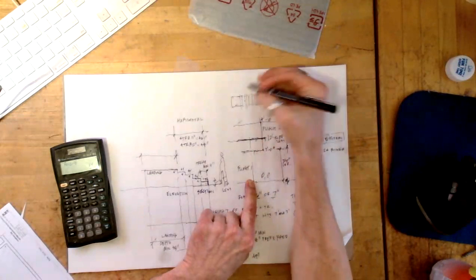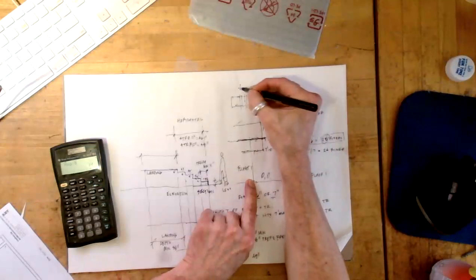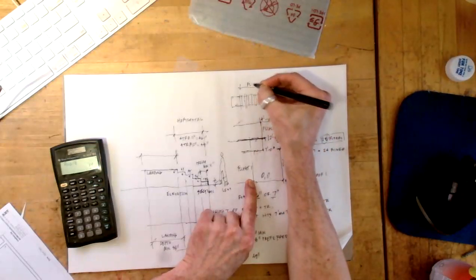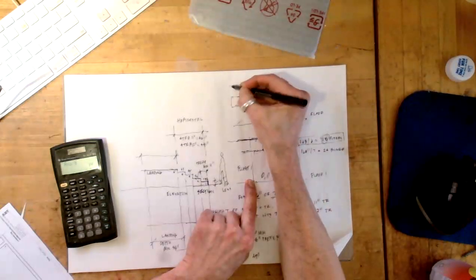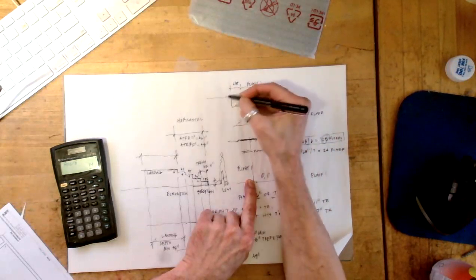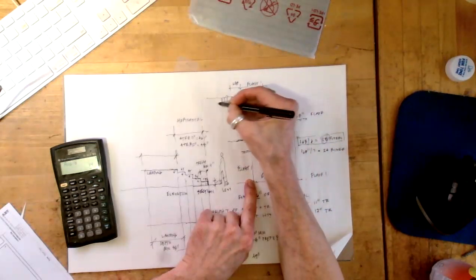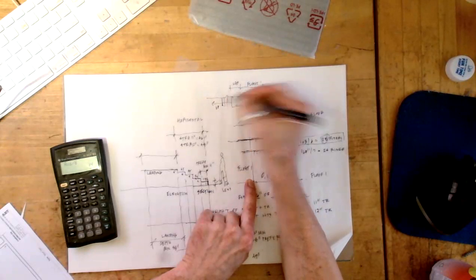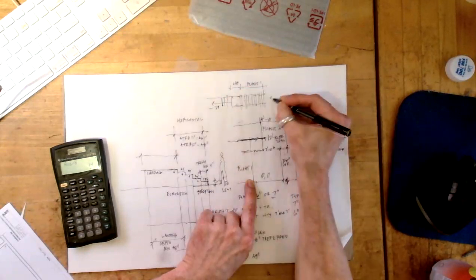Think of this as the horizontal projection of flight 1, then a landing, then flight 2 continues up, right? This is a straight run.